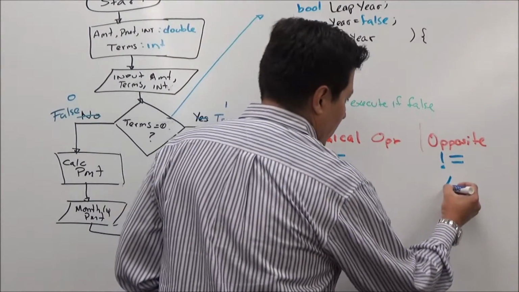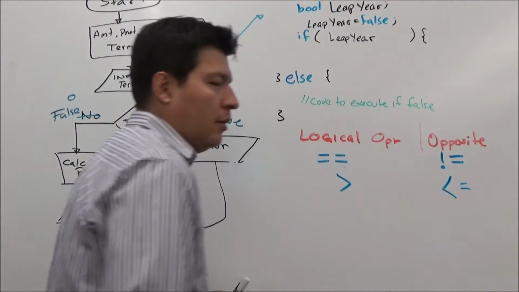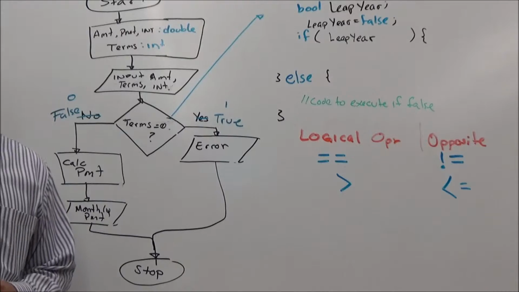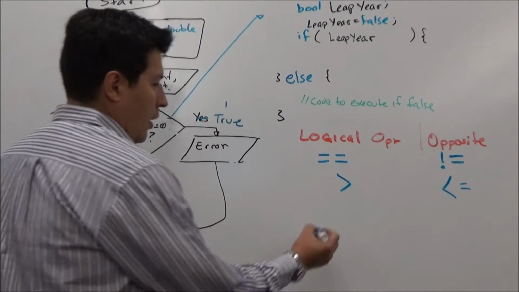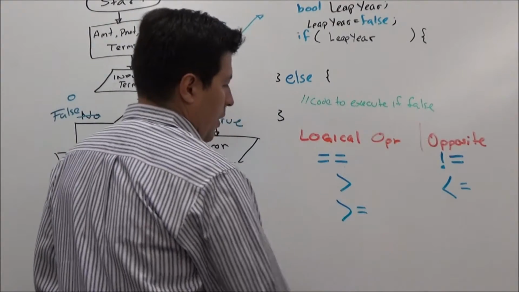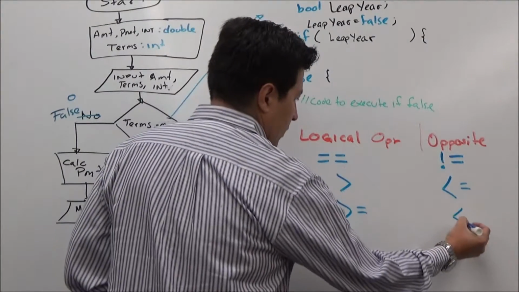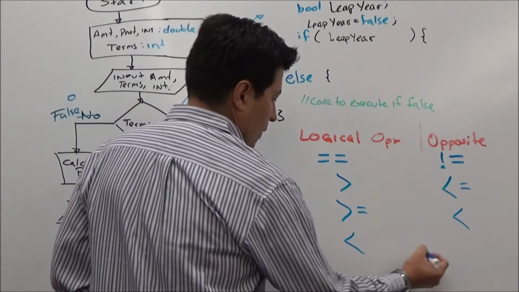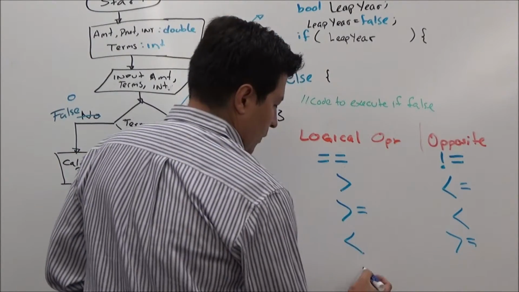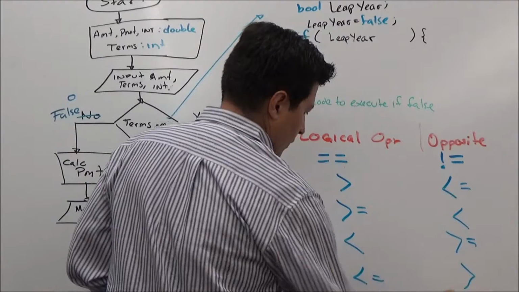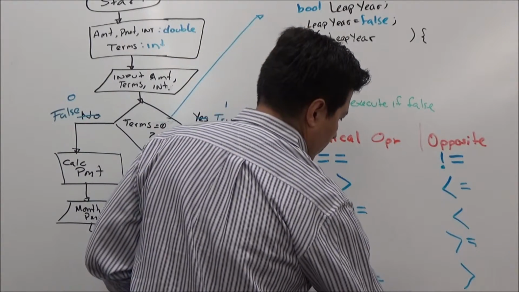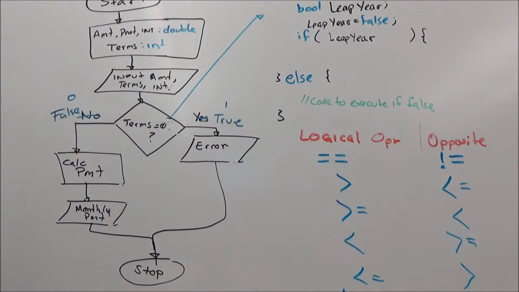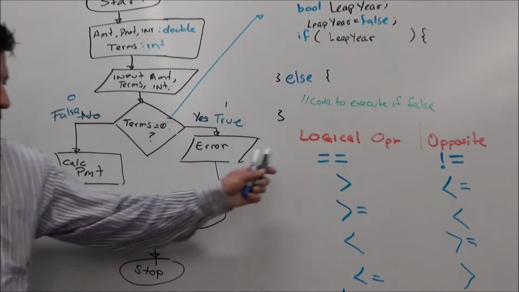Is less or equal the opposite? Otherwise, you exclude the number in the middle. So then the opposite of greater or equal is less than. It's just the same.